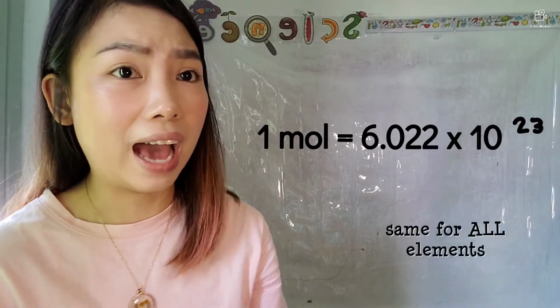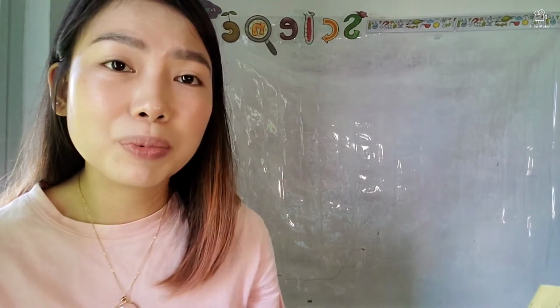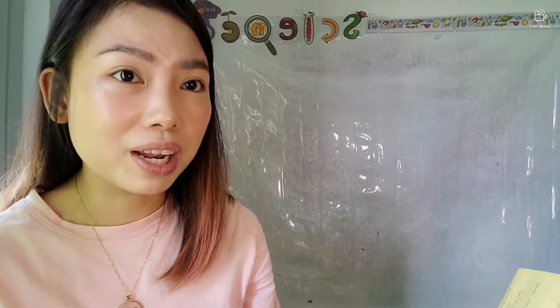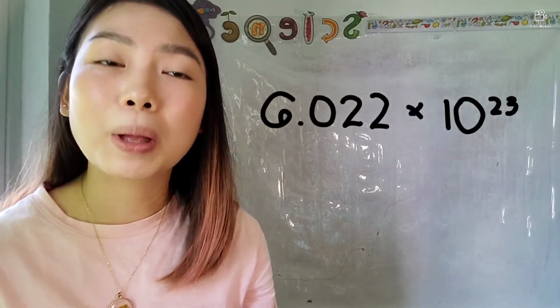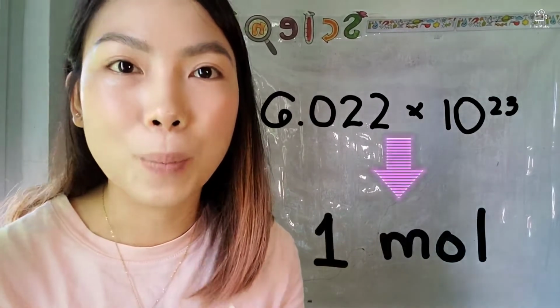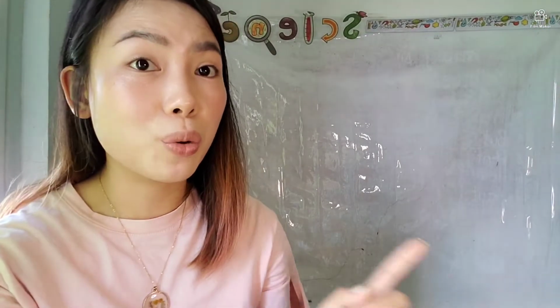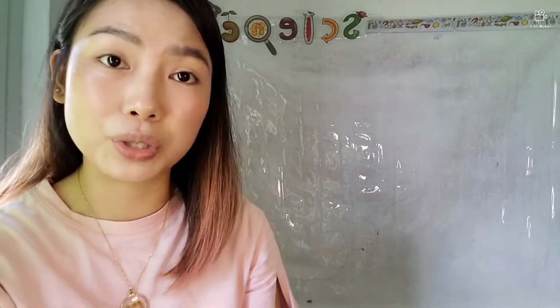So whether it is hydrogen, calcium, nitrogen, or any other element in the periodic table, they are always equivalent to 6.022 times 10 to the 23rd power particles, equivalent to 1 mole.